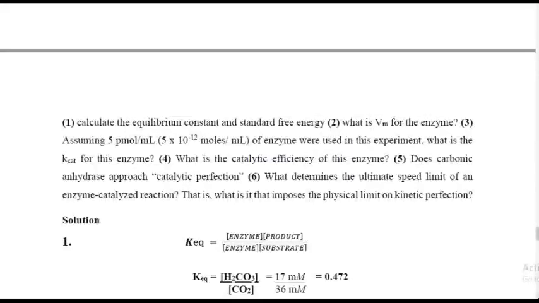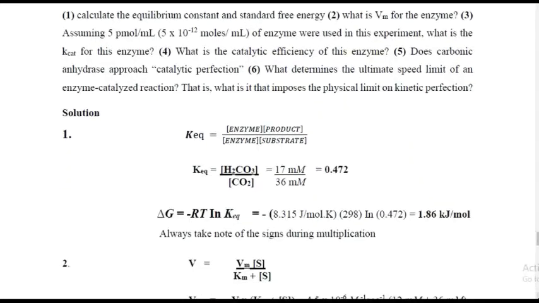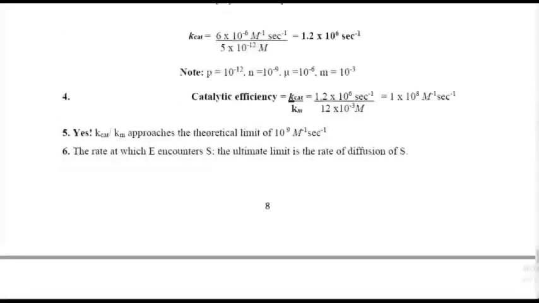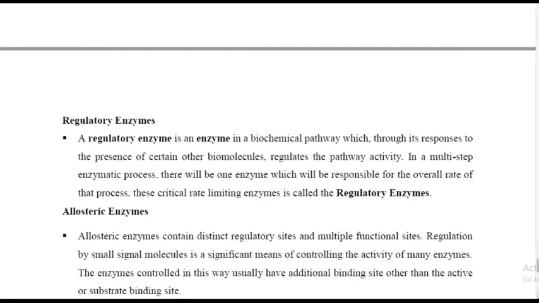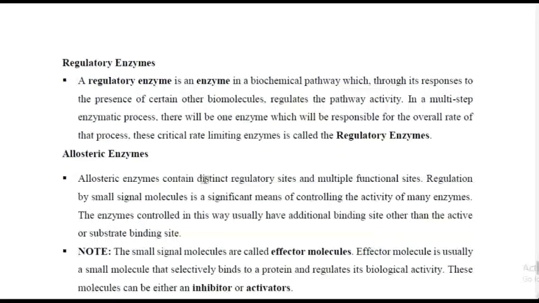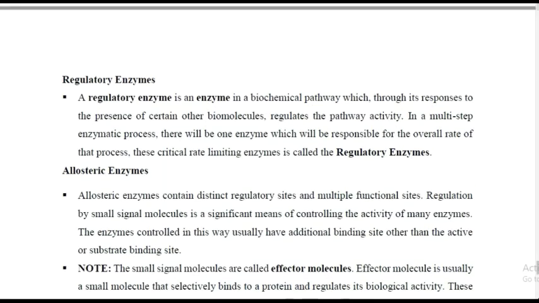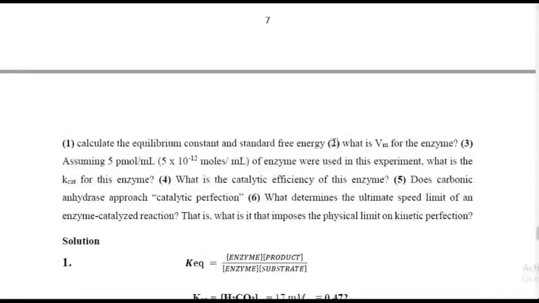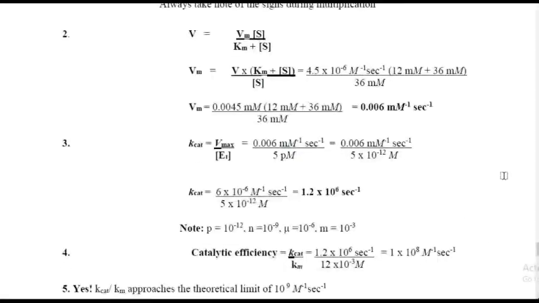But I want you to dwell on the examples I gave you in your notes as regards the Michaelis-Menten equation. This is an example I want you to look at. This example is very, very important. In your exam, it can be different enzymes, a different formation, but just look at the formula, understand the formula, and practice how to get the value of Keq at home before you come into the exam.